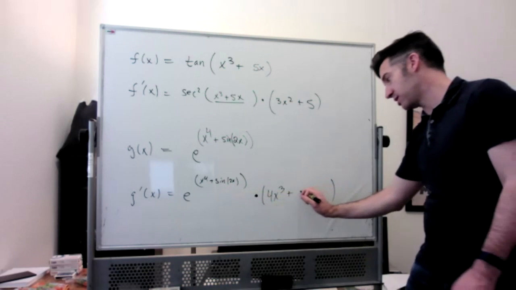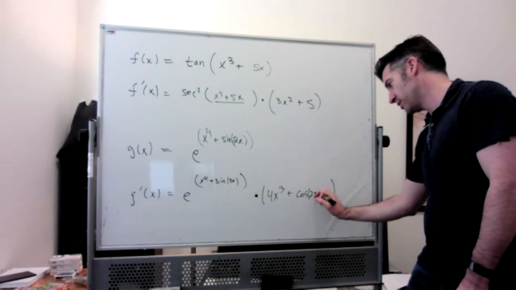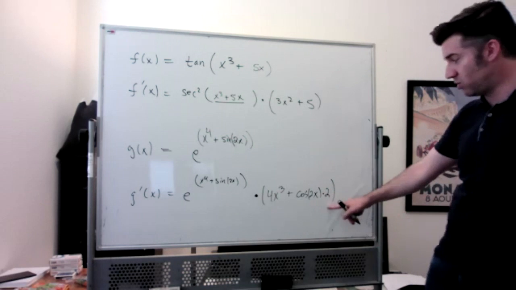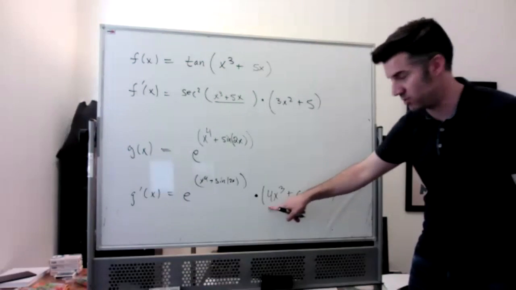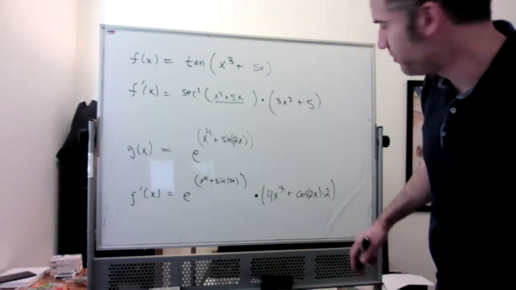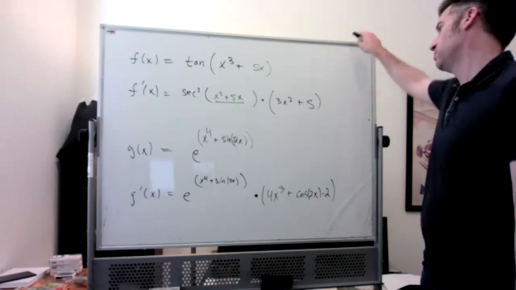The derivative of sine of 2x is cosine of 2x times the derivative of 2x, which is 2. And that 2 is only multiplying the cosine. It's not multiplying the 4x cubed. Okay.